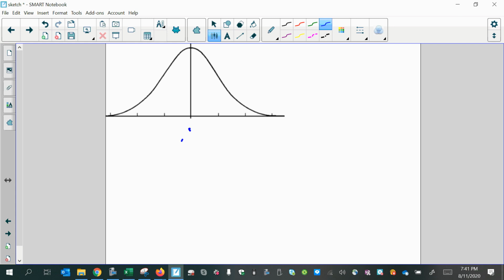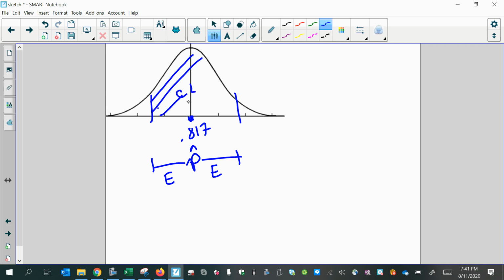So with 0.817 as our center starting point, our point estimate, we're going to expand that in each direction by a distance of E, the margin of error. Then in between those boundaries, I'm going to have my confidence level. The confidence level is the area in between. And then out in the tails is half of the complement of that on each side.